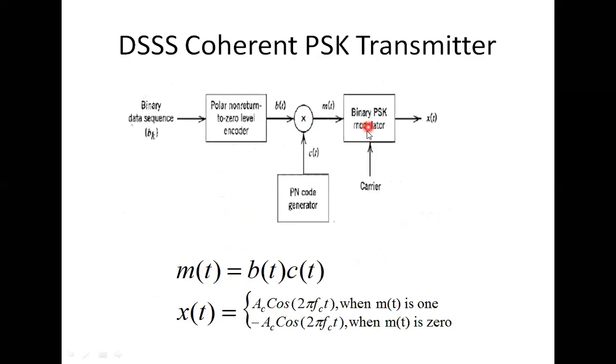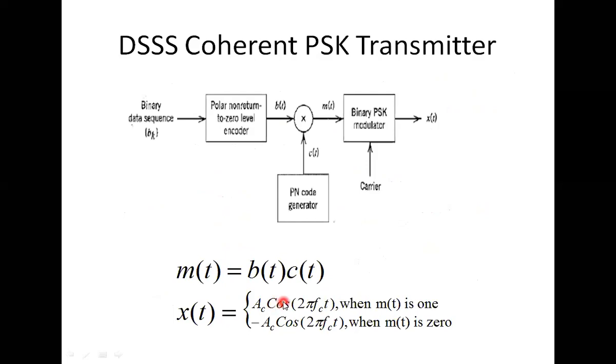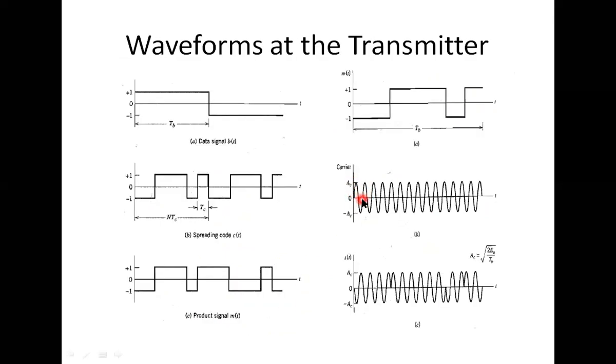Next, after M of t, this M of t is used to modulate a sinusoidal carrier. Here, this is the M of t drawn once again, and we have a sinusoidal carrier. Of course, here it was written cos, now it is represented as sine.